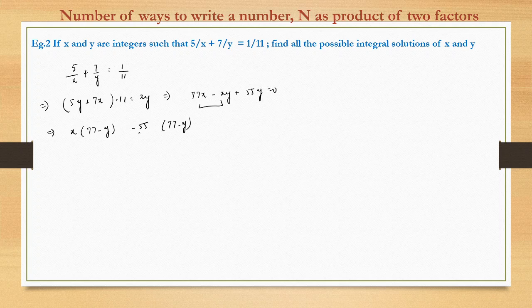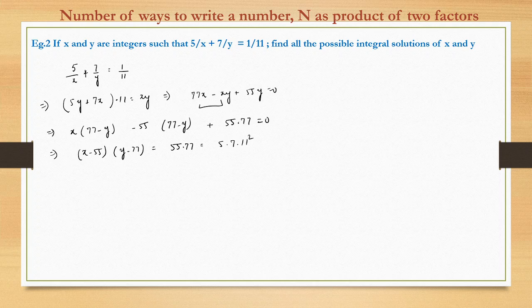Now by doing so we have got an extra term which is minus 55 into 77. So to neutralize this we add 55 into 77, right? So this becomes x minus 55 into y minus 77 is equal to 55 into 77. This is nothing but 5 into 7 into 11 square.